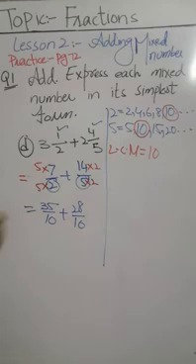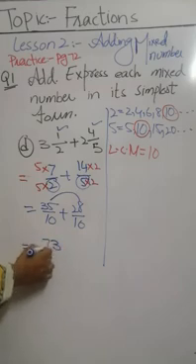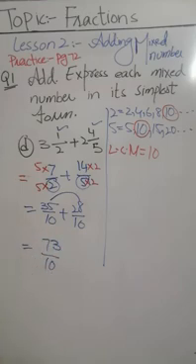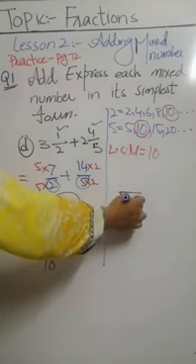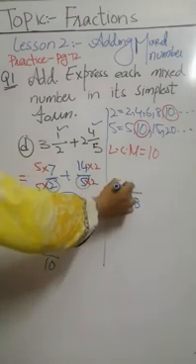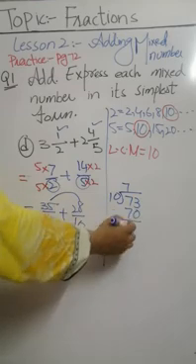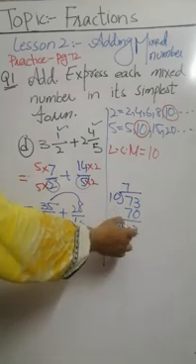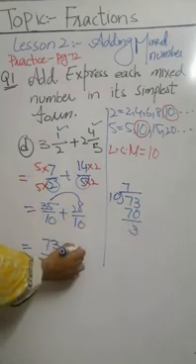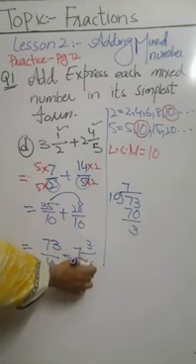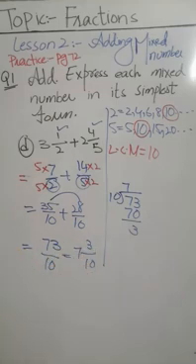We easily add their numerators: 63 by 10. We get an improper fraction. We can simplify this fraction more by dividing 63 by 10. So we get 6 whole 3 by 10.